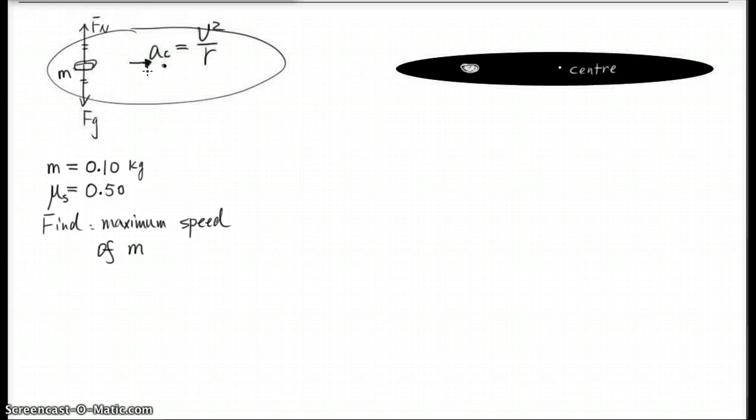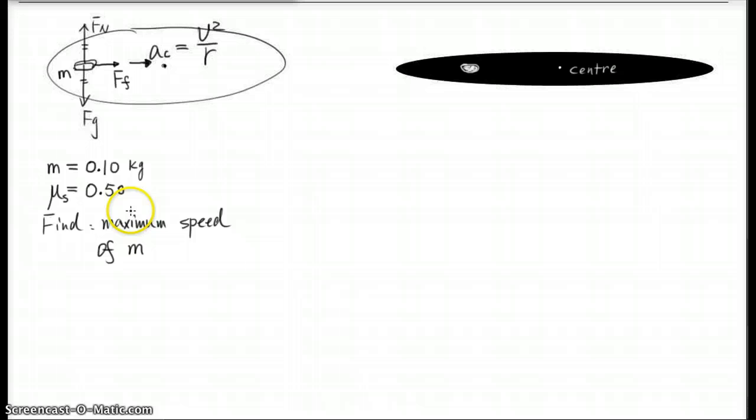Then we need to find out which force caused this centripetal acceleration. Actually the only force is the static friction, Ff.